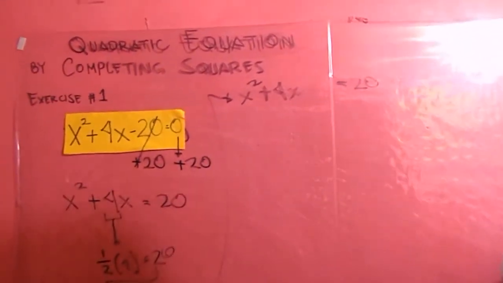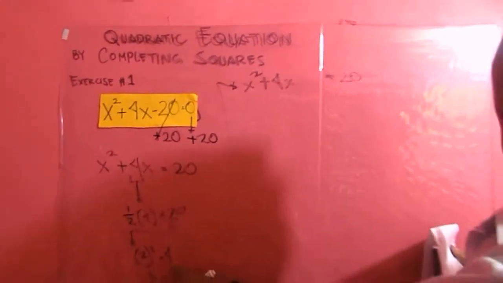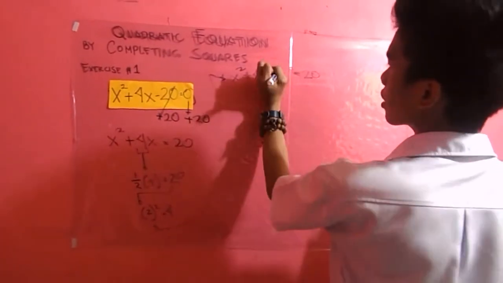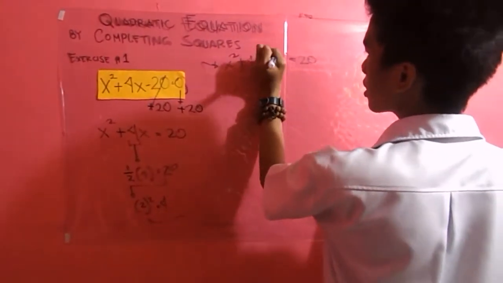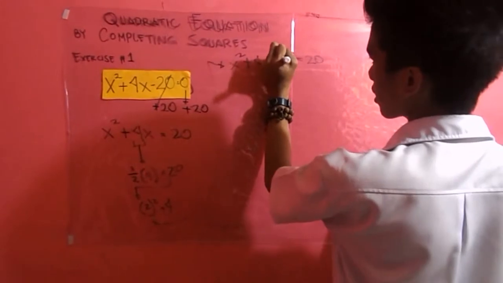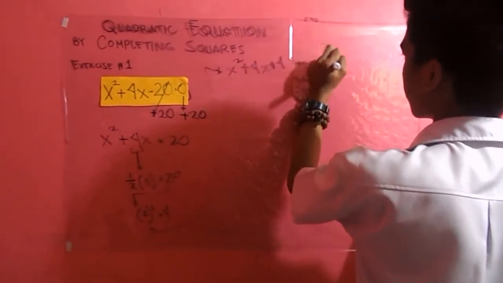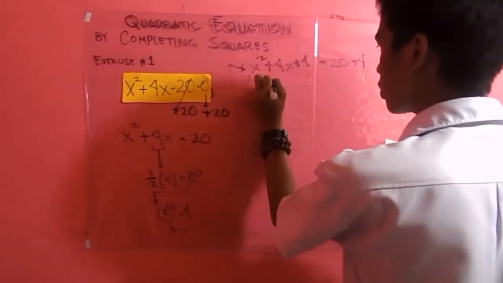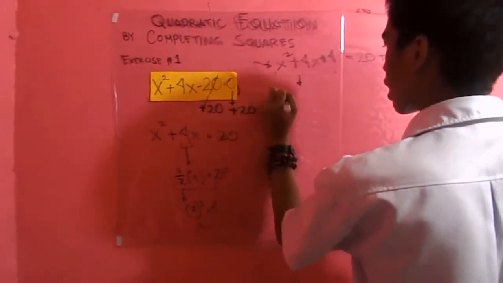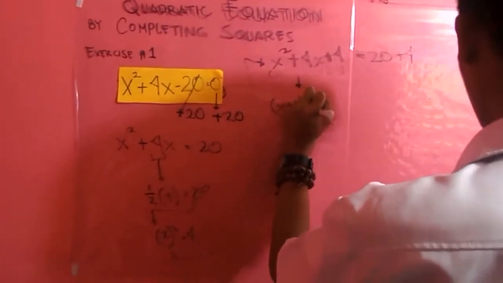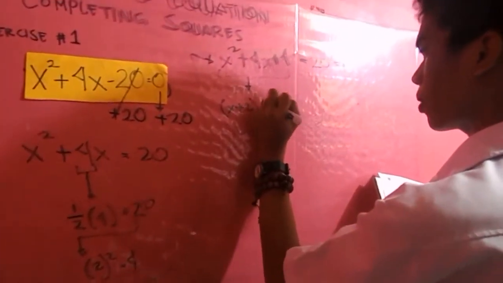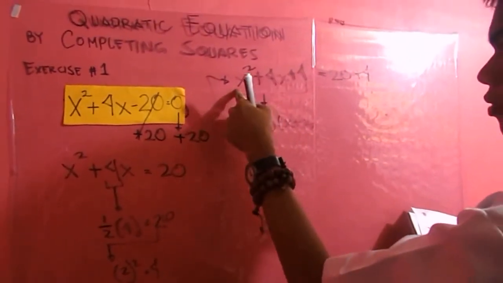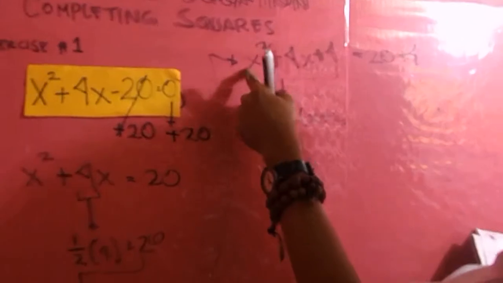The result number 4 is what you need to add on both sides, plus 4 and plus 4. In this case, this is factorable, so we can use x plus 2 and x plus 2. This is the factor of this form.